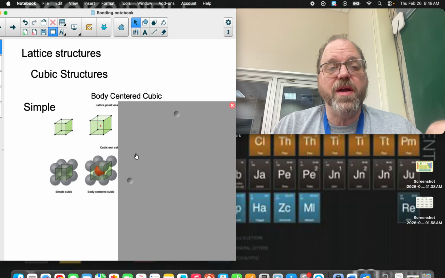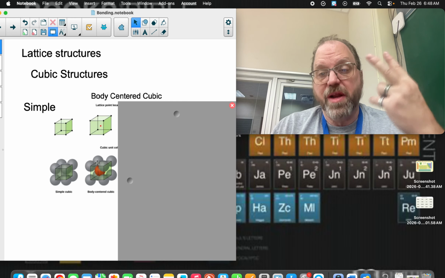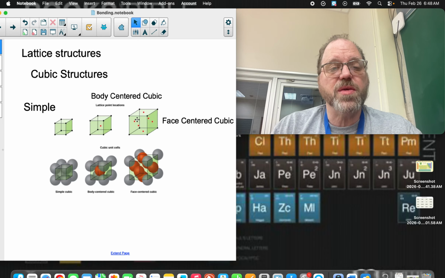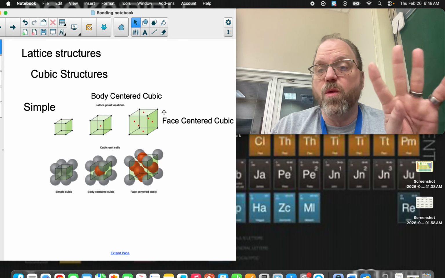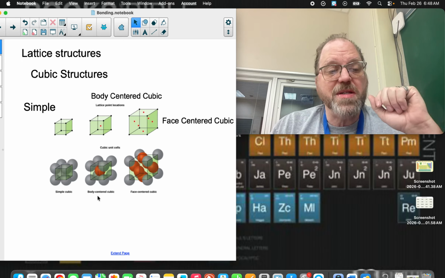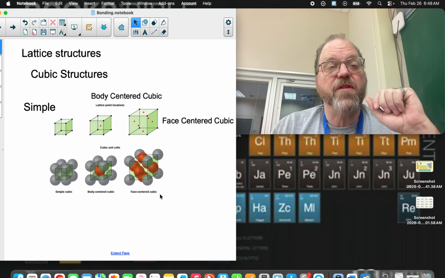And then in the body center, we have the other element in the center there. So that's going to be a body center, and we actually end up with 2. And then for the face-centered, 1, 2, 3, 4, 5, 6 faces, so that's 3, and we end up with 4 total atoms inside of those. Those are the 3 basic structures that exist: simple cubic, body-centered, and face-centered cubic for lattice structures.